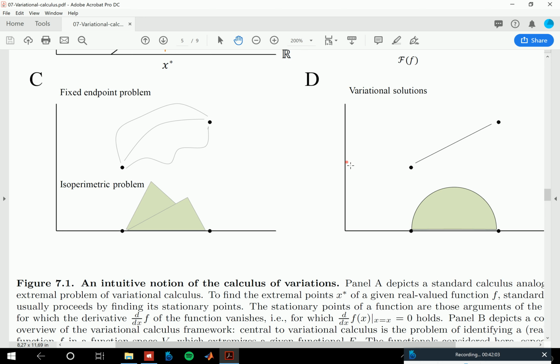If you do the variational calculus and cast this problem of finding the function that has the minimal length between these 2 points, it will turn out that this is a straight line.